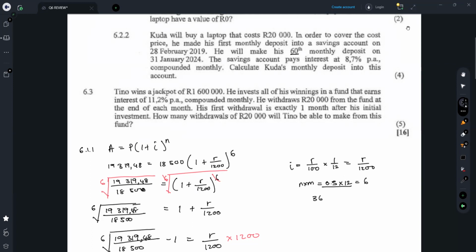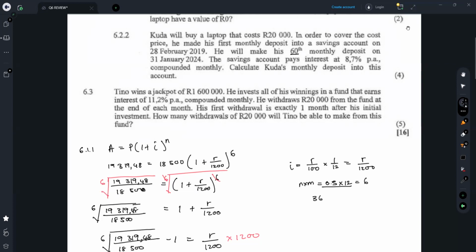But then he makes monthly withdrawals, isn't it? So if you have regular payments or regular withdrawals, then it becomes an annuity. Now the question is, which type of annuity? This would be a present value annuity because Tino has the money now.